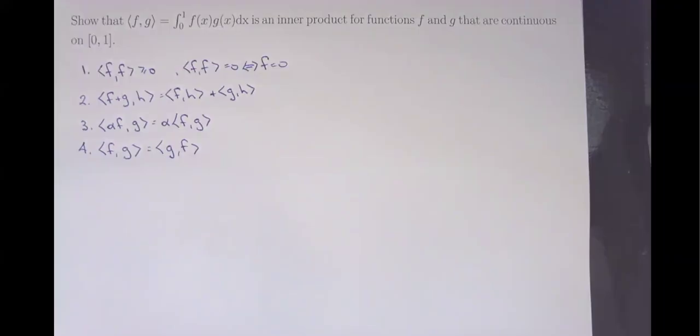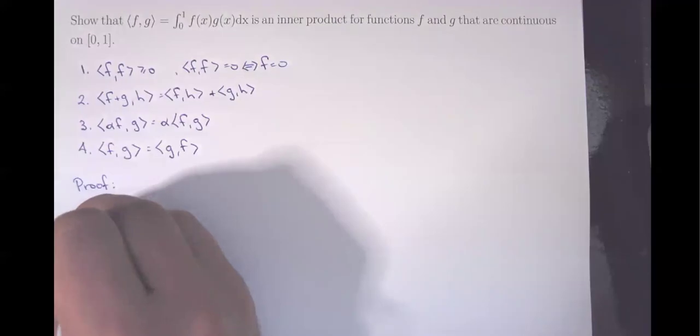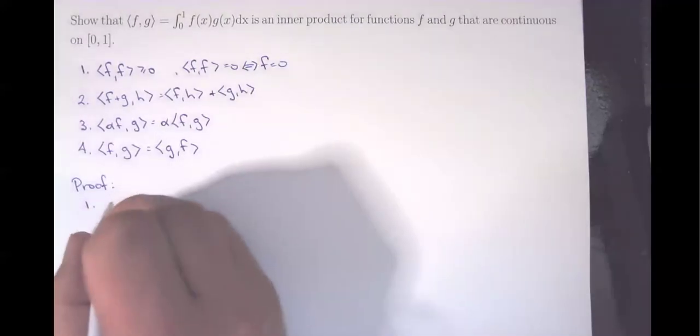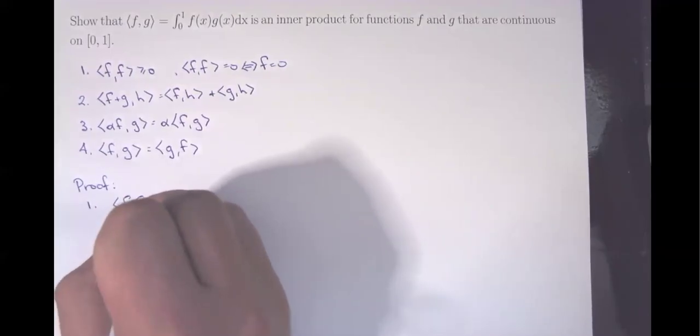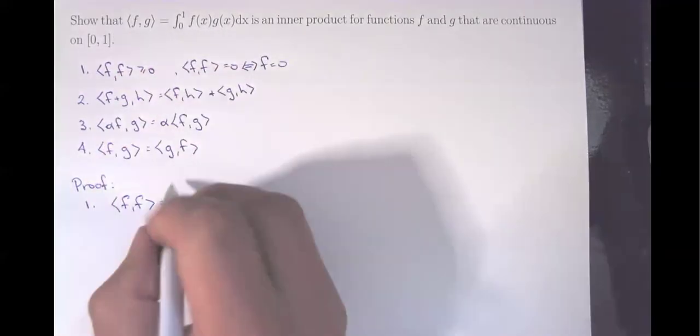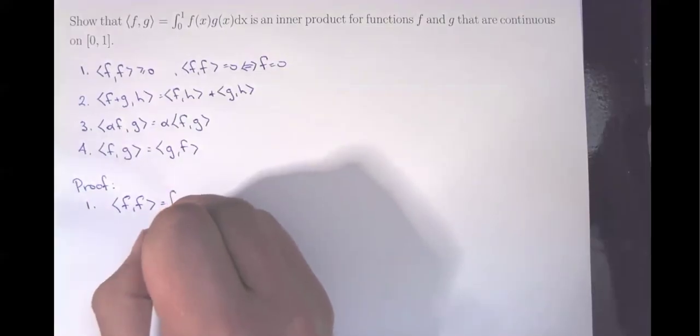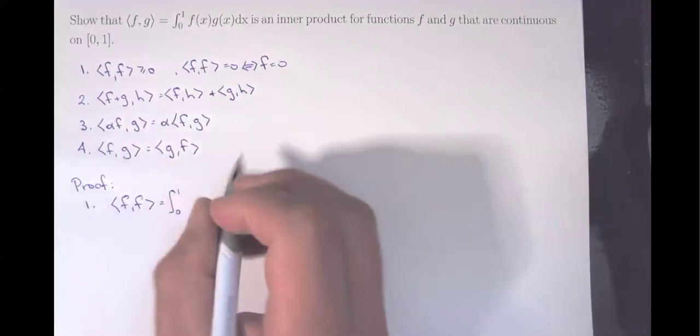Okay, so these are the properties that we need to show. These are the properties of inner products. So, for property 1, the inner product of f with itself, based on the definition given here, is the integral from 0 to 1.